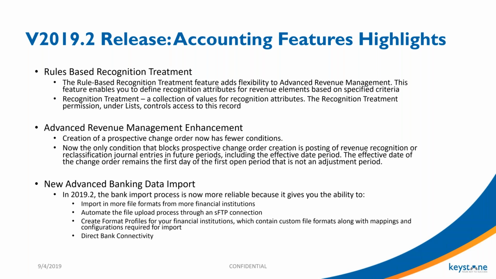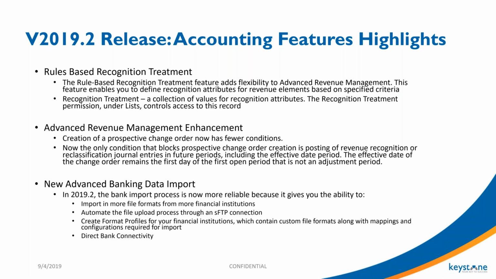And along with that, they have just a general advanced revenue management enhancement dealing with prospective change orders. There used to be a few more criteria that had to be met before you could do a change order on a revenue recognition schedule. Now, the only thing that will not allow a change order is any revenue recognition or reclassification entries in future periods.